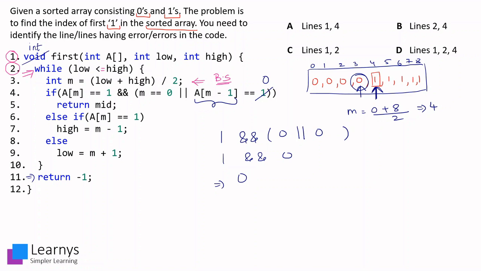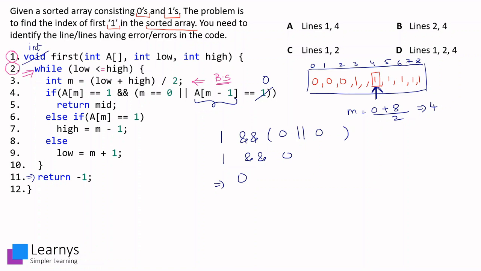Let us also check further. If this is not the case, that means if a of m is 1 and the element just before is not 0, or it is not in the first index, then it will go to line number 6, that is a of m of 1. That means I can say that here also there will be a 1. So it can be a case like this. But middle value was having 1.